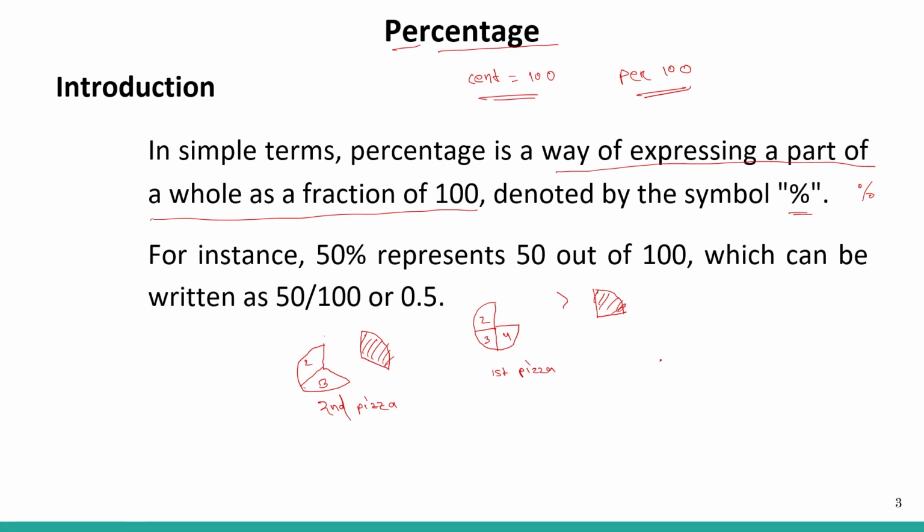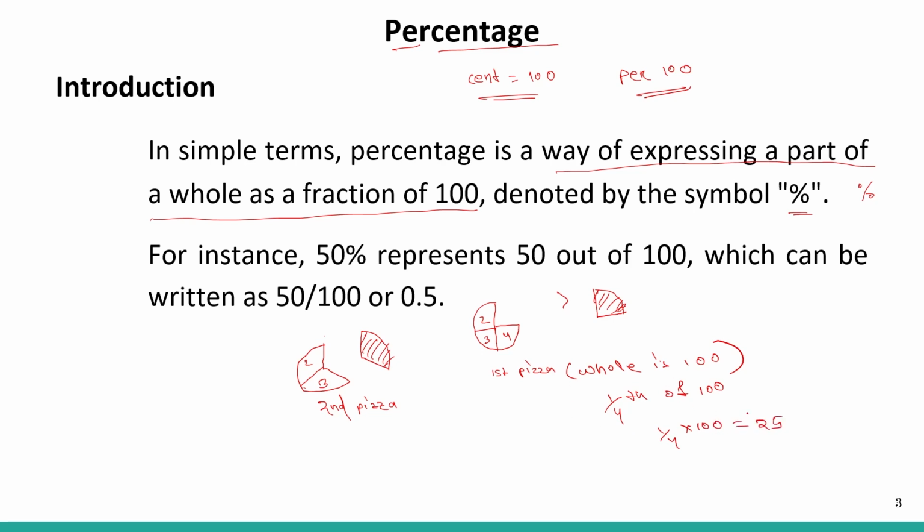So whole is equal to the first pizza, whole is 100, right? And what you took was 1/4 of 100. So what is 1/4 of 100? 1/4 into 100 is nothing but 25.